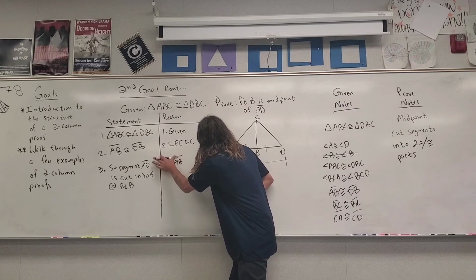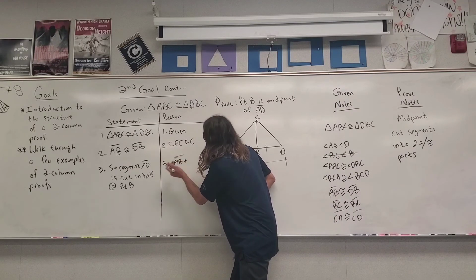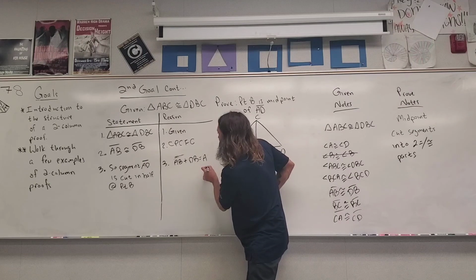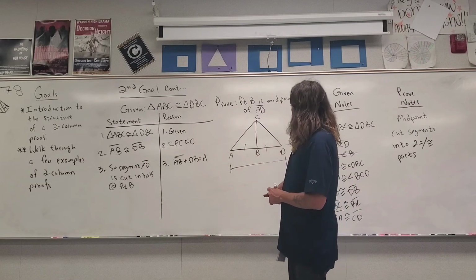We can say it like the addition. Segment AB plus segment DB, they add up to. Well, no, I'm not saying that right, am I? So segment AD is cut in half.